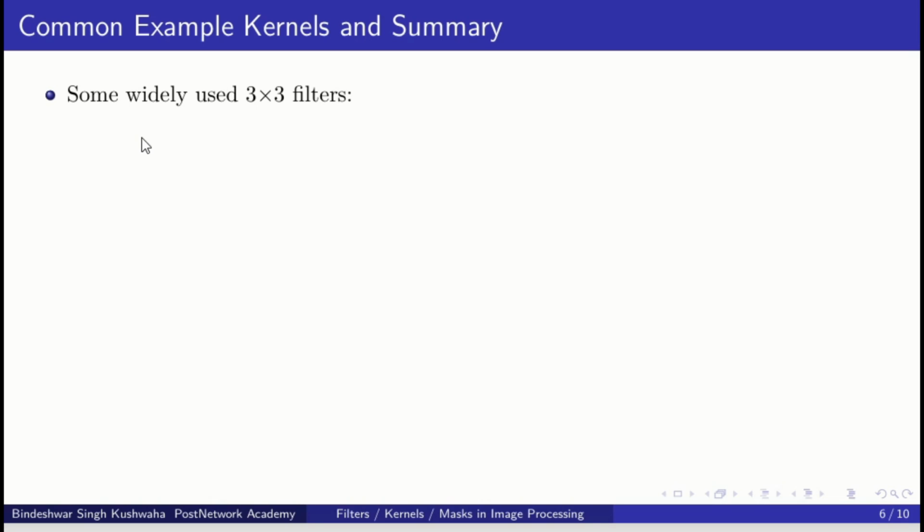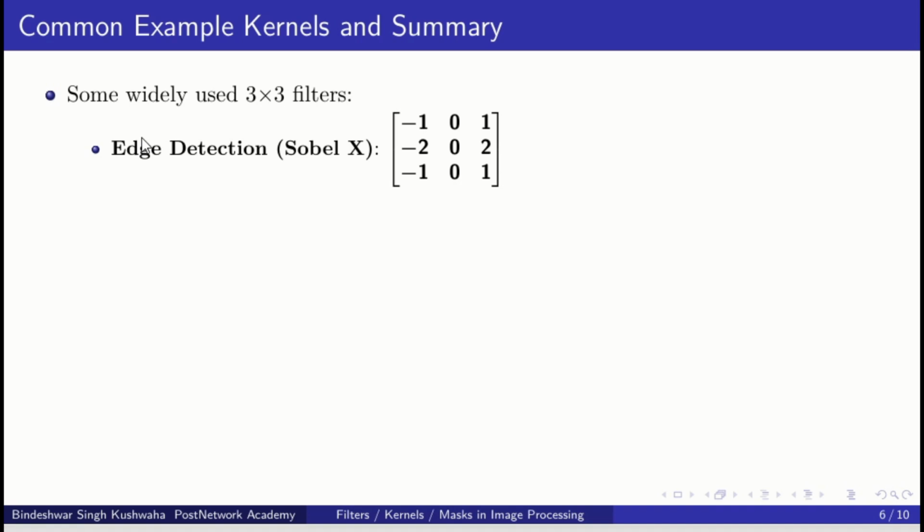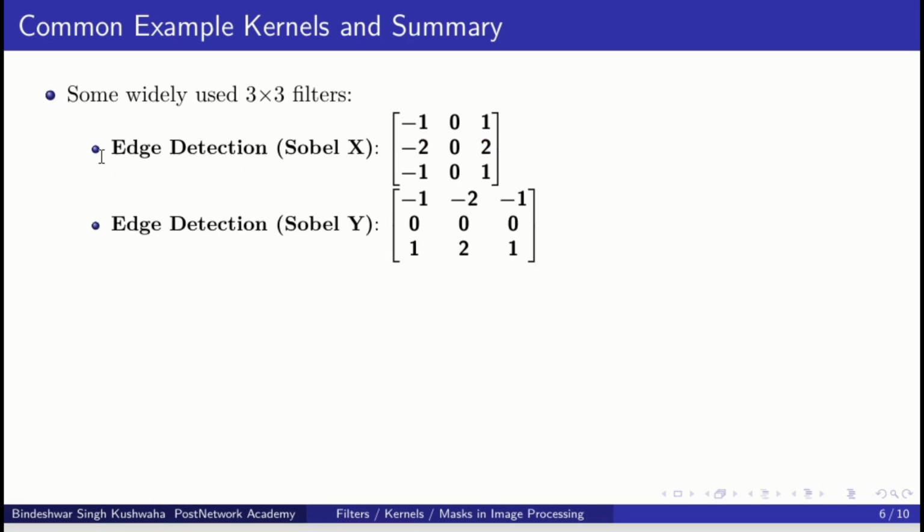Here are widely used 3x3 filters. Now let us see another one, edge detection. That is Sobel X. It checks whether intensity is changing.